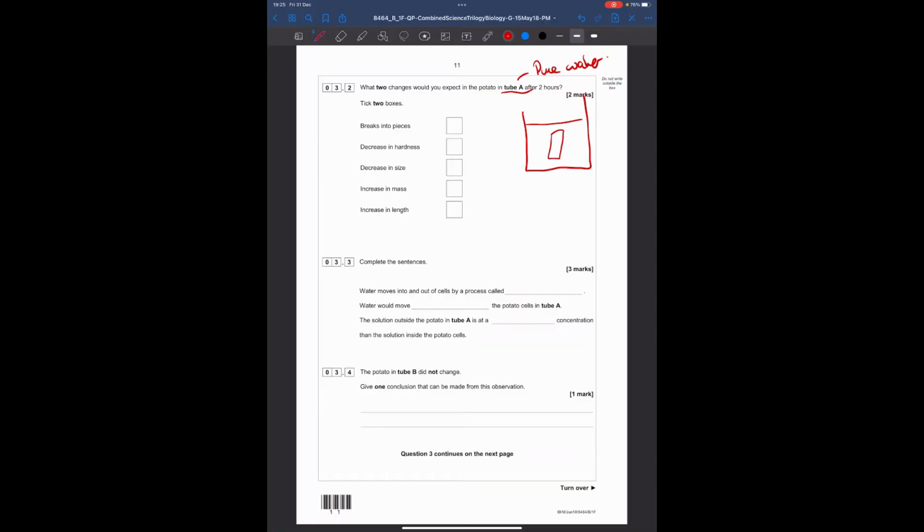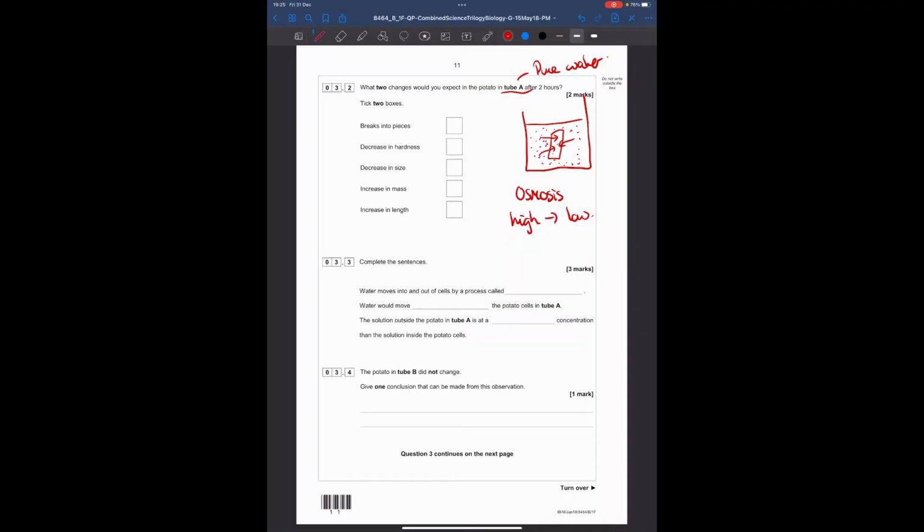Now, if we think back to our definition of osmosis, osmosis is when water moves from high concentration to low concentration. Now, if I've got pure water on the outside, that means there's going to be 100% pure water on the outside, and there would therefore be less water inside the potato. So therefore, the water is going to move inside.